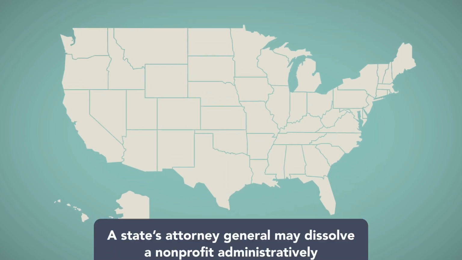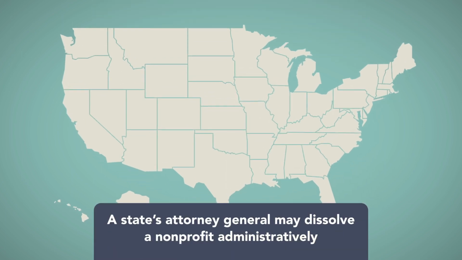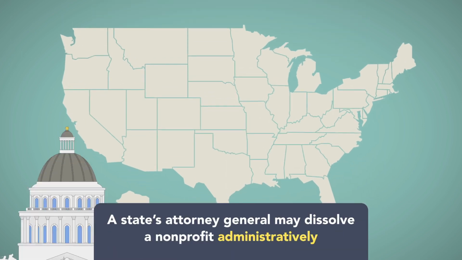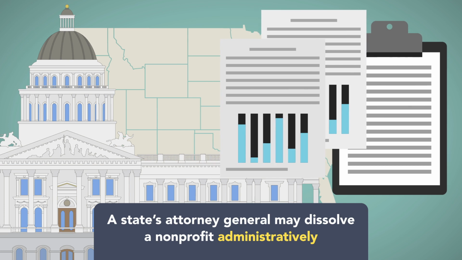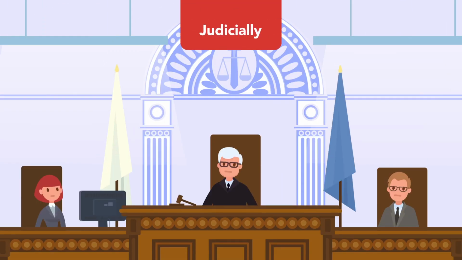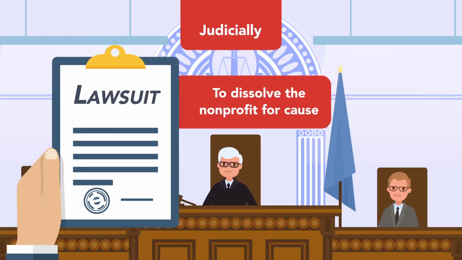A state's attorney general may dissolve a nonprofit administratively if the nonprofit fails to comply with statutory administrative requirements such as periodic reports, or judicially, where the attorney general files suit to dissolve the nonprofit for cause.